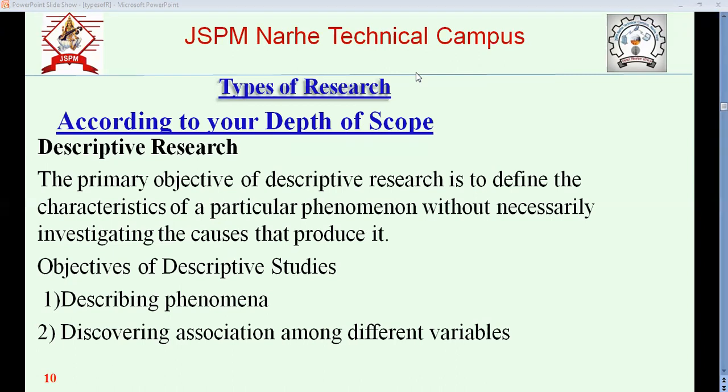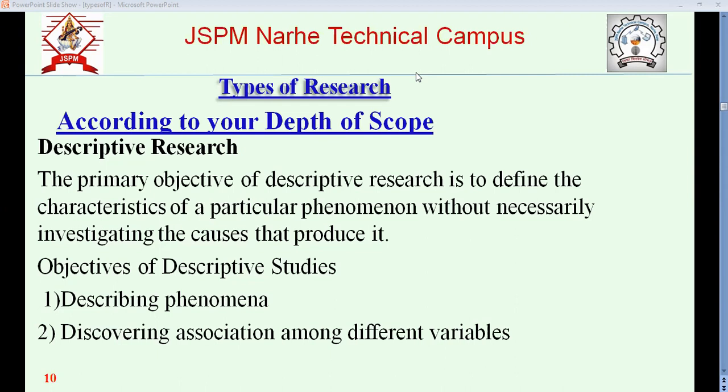So that we check. But we don't check in descriptive research why this is happening. So it is deeper than the earlier exploratory research.